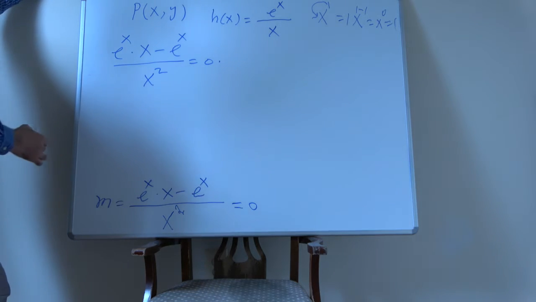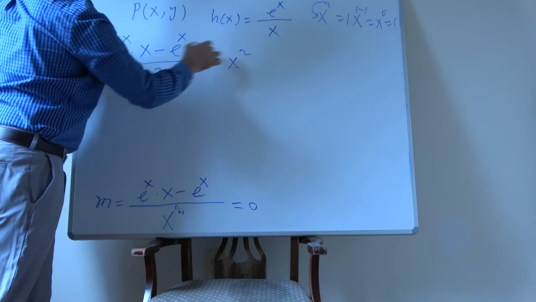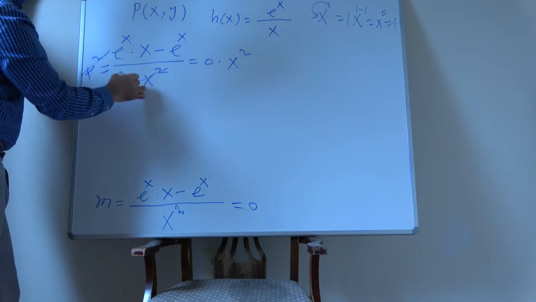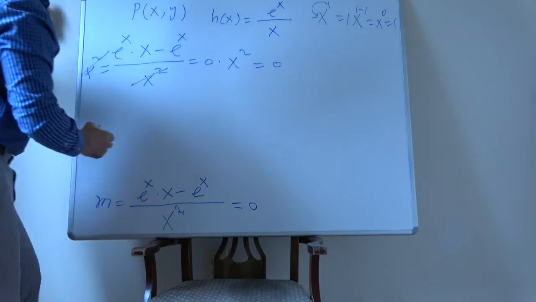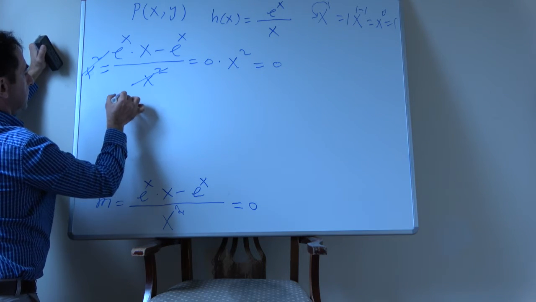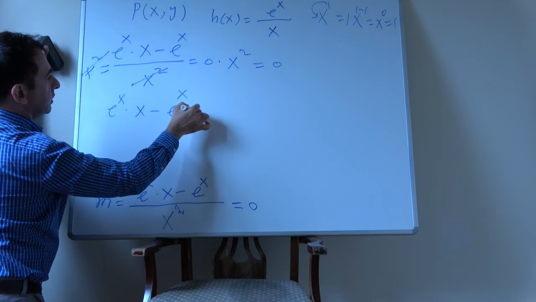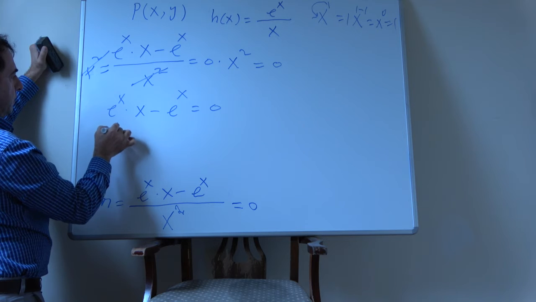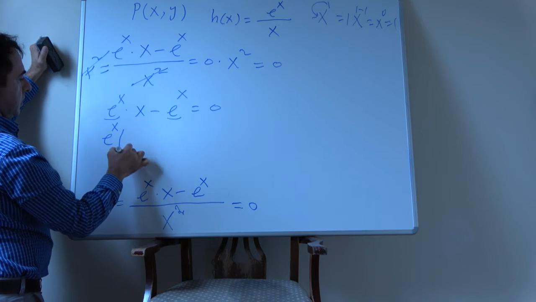If we multiply both sides by x squared, the x squared will cancel, and x squared multiplied by 0 would be 0. So e to the power of x is here and also here.